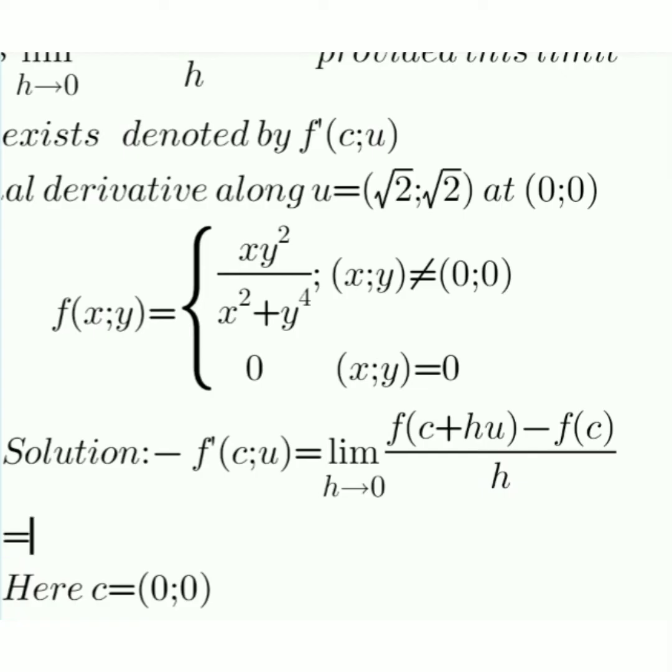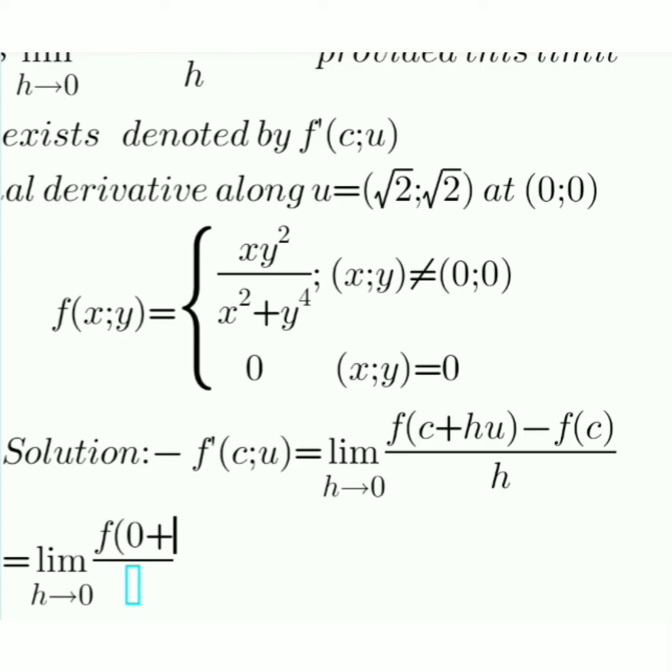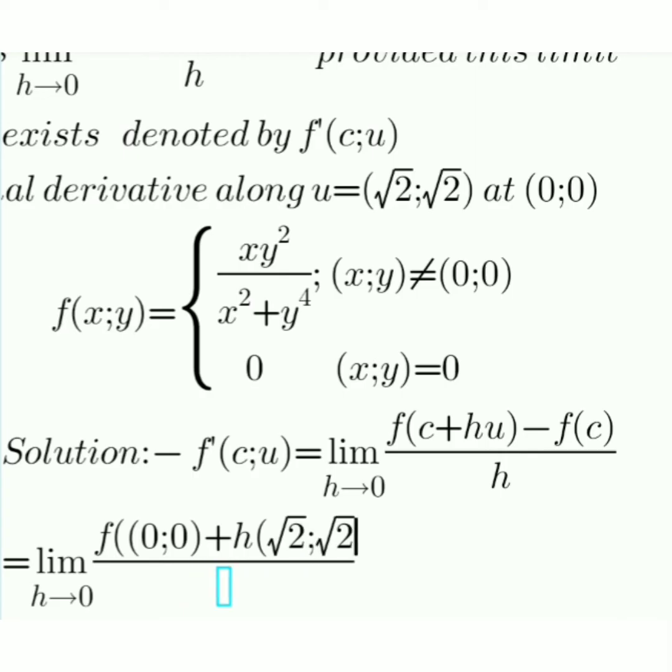So here, the limit as h tends to 0 of f((0, 0) + h(root 2, root 2)) minus f(0, 0), divided by h.